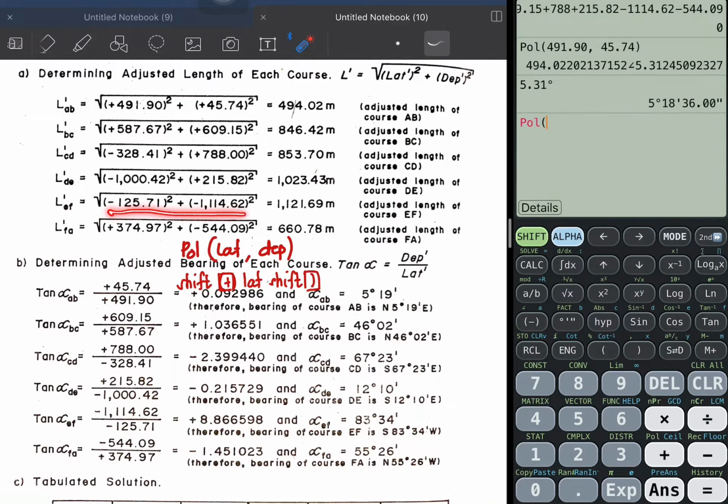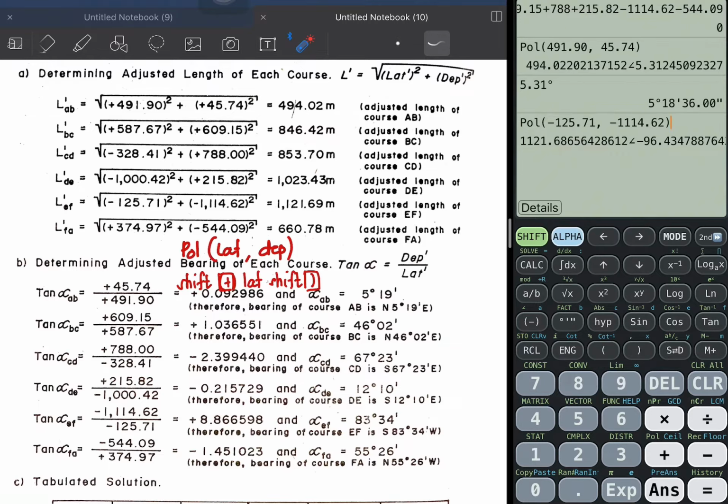Okay, so let's have another example. Shift polar, let's have this example. Negative 125.71 shift comma negative 1114.62. Okay, so you have your answer. 1121.69, and then the angle is 96.26.